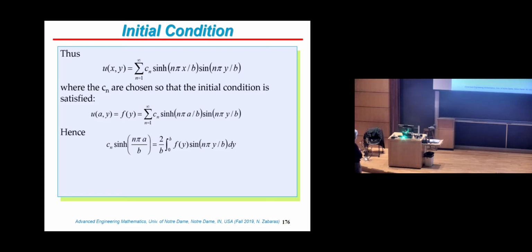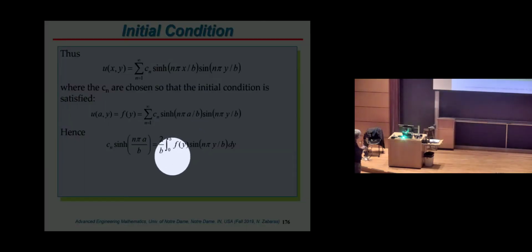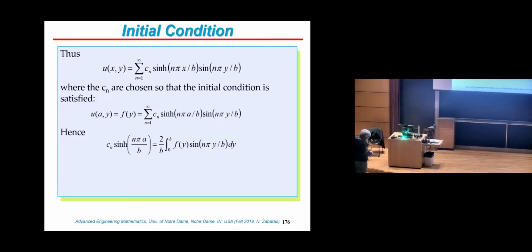What type of extension did we take for f to get the sine expansion? Originally this integral is supposed to be 1 over b times the integral from minus b to b. So when you go home, think about how this integral became 2 over b, integral from 0 to b, which is nice because f of y originally is only defined from 0 to b. So you go home and you think about that.